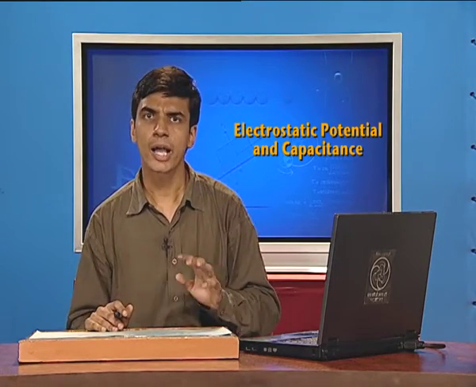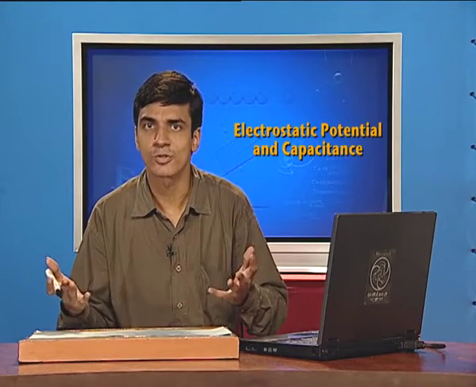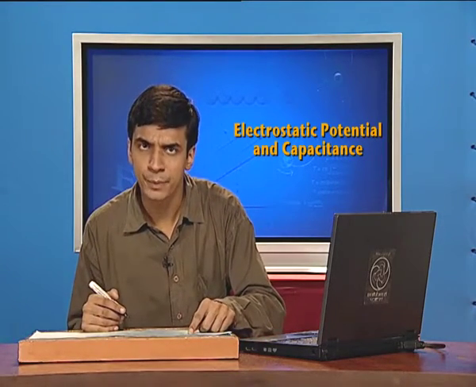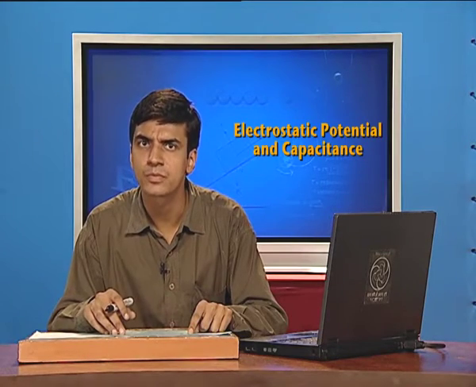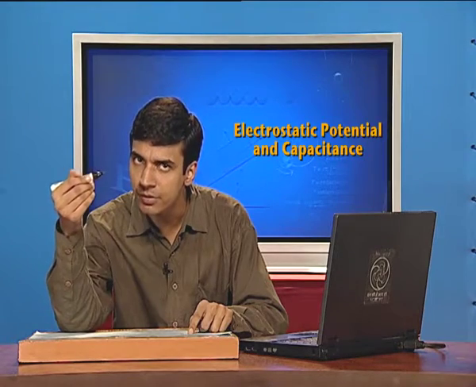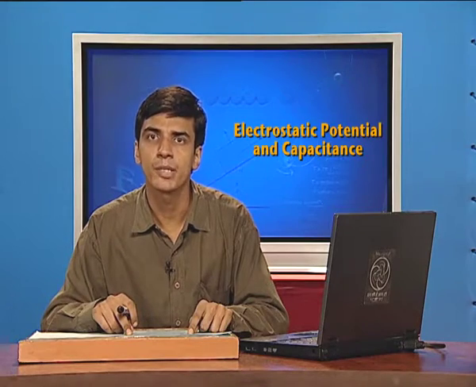So I am trying to move the charge from point P to a certain point X, and this is not exactly point P, I am moving it from some further off distance, say infinity. See, physics is all yours, consider whatever you want to do. Due to this positive charge at B, there will be a repulsion, so it will be minus 1 by 4 pi epsilon naught times q, and since I have taken it as a unit charge, it will be simply 1 by r1.